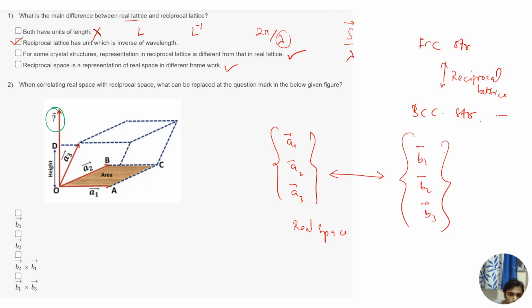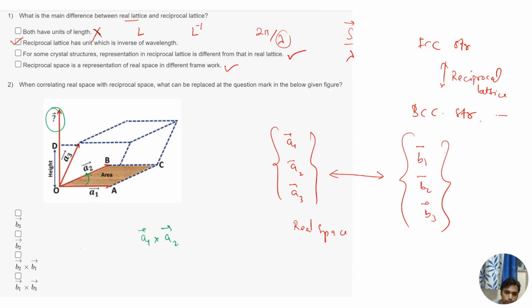If you take a cross product of a1 and a2 and apply the right hand thumb rule, keeping your fingers along a1 and swapping towards a2, the direction of your right hand thumb will give you the direction of a1 cross a2.